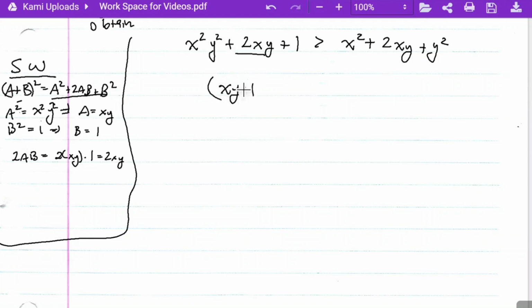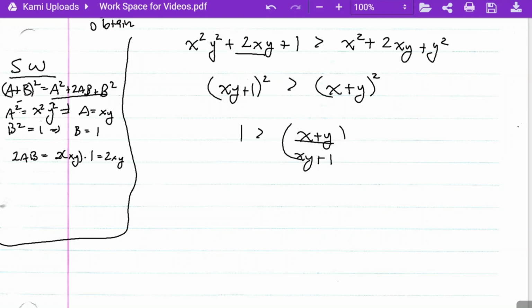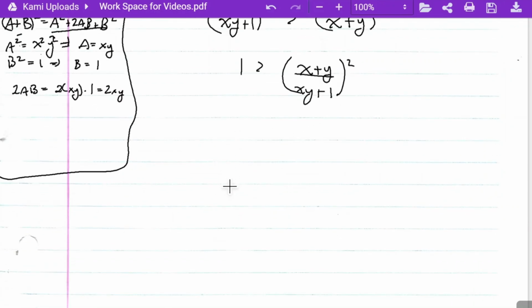So now, by completing the square, I know that this is equal to (xy plus 1) squared. This is greater than (x plus y) squared. Now, dividing both sides by this term, I see that 1 is greater than ((x plus y)/(xy plus 1)) squared. Now, we can reverse what we did in the previous section. We know that 1 is greater than the square root of ((x plus y)/(xy plus 1)) squared.